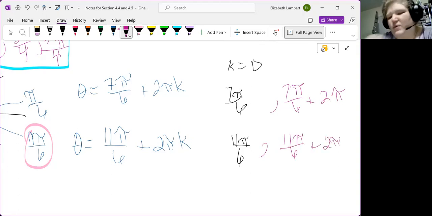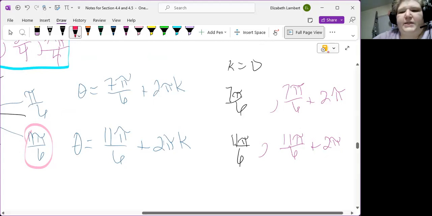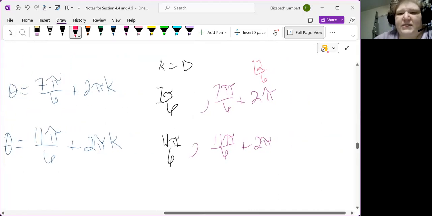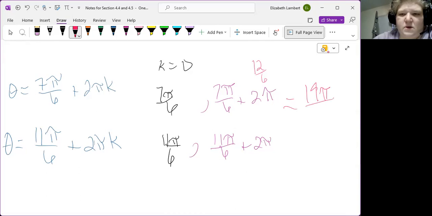We can do a little math there. 2 is the same as 12 over 6. So 12 plus 7 is 19 pi over 6, and then 11 plus 12 is 23 pi over 6.